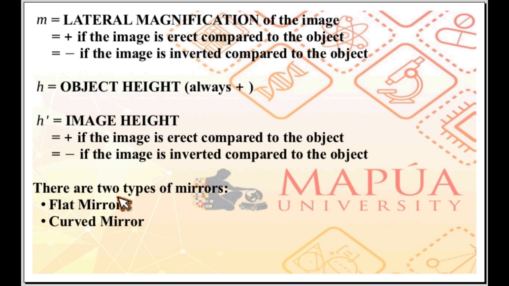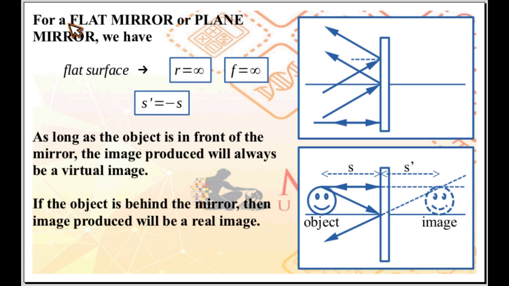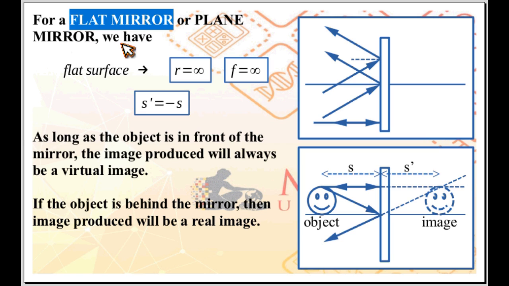There are two types of mirrors. We have flat mirrors and curved mirrors. First, let's take a look at flat mirrors. For a flat mirror or plane mirror, we have a flat reflecting surface.